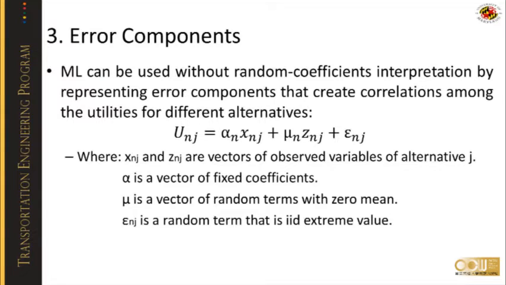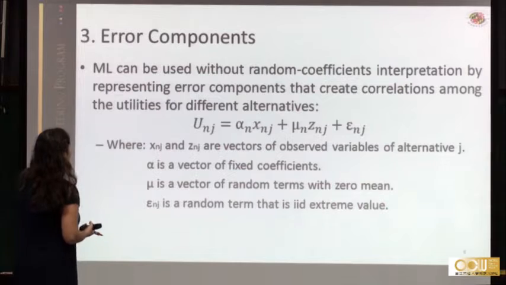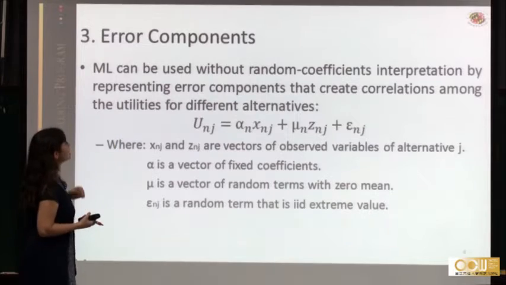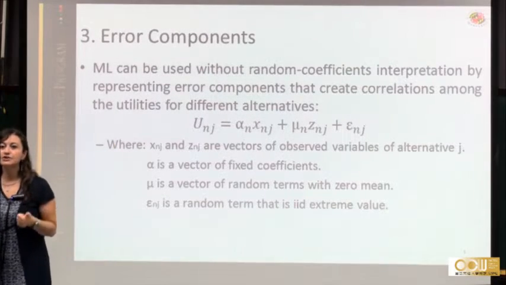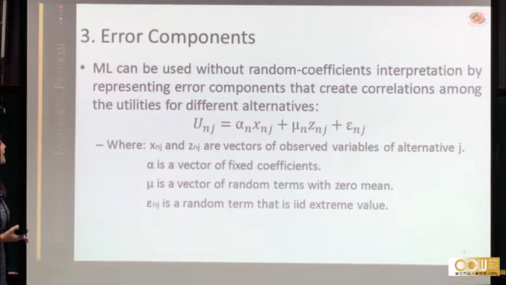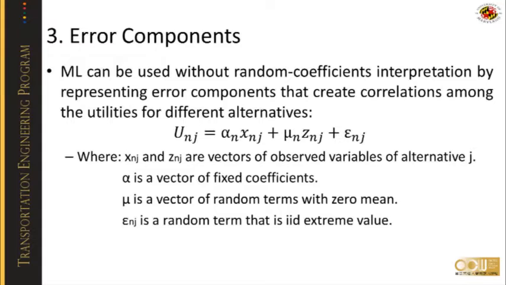But there is another way to see Mixed Logit. So this other way is random error component. So the Mixed Logit error component is used when you want to create correlation amongst the utility for different alternatives. It's very similar to a nested logit.